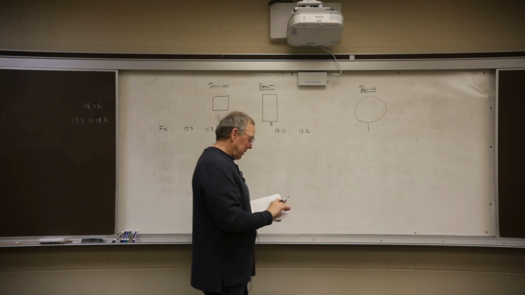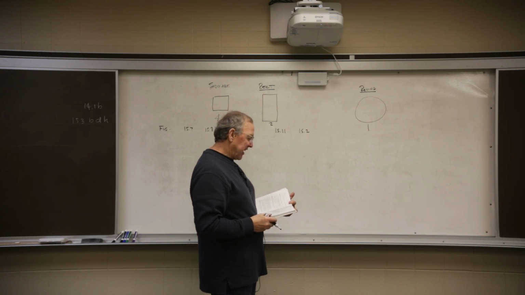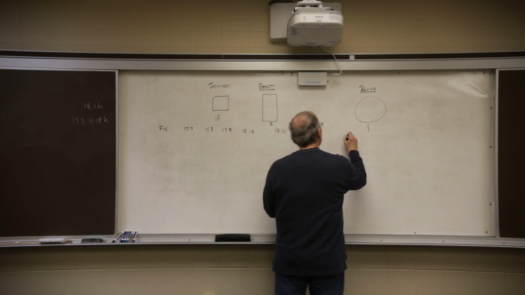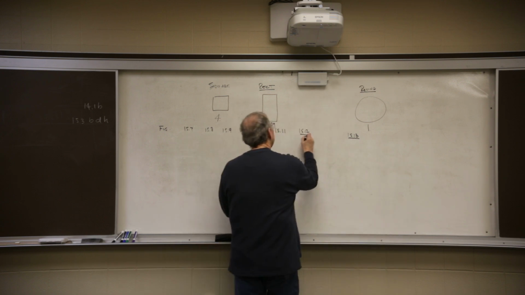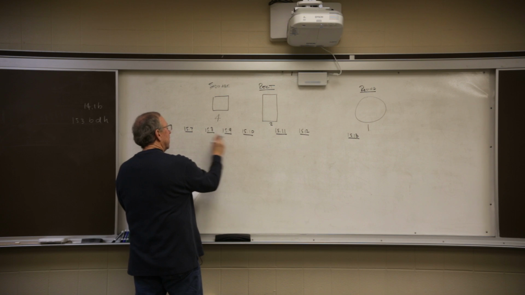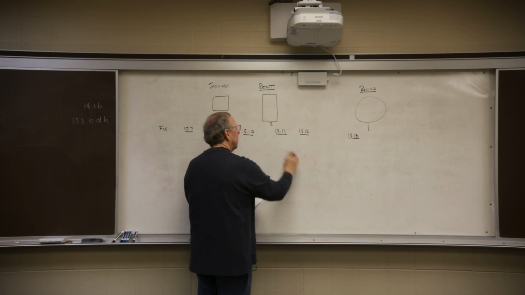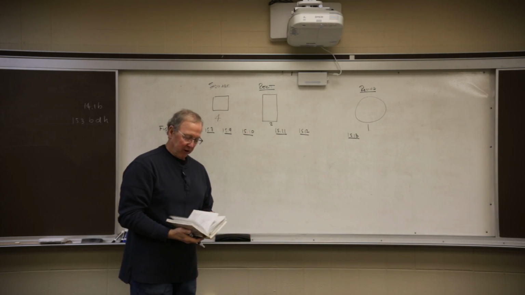And the last one, if you go back a couple pages to 515, you've got 15.13 round. So there's the 4 of them for square, 2 for rectangle, and 1 for round. Okay, they're all the same, basically.